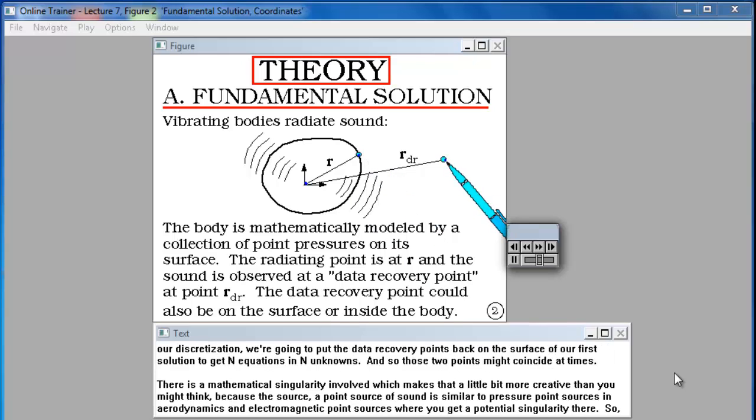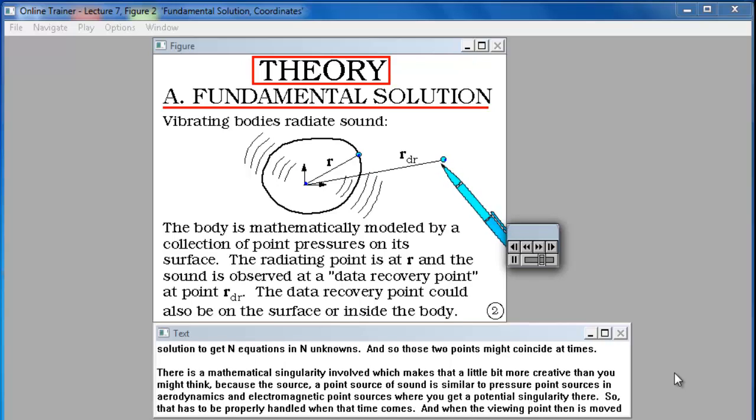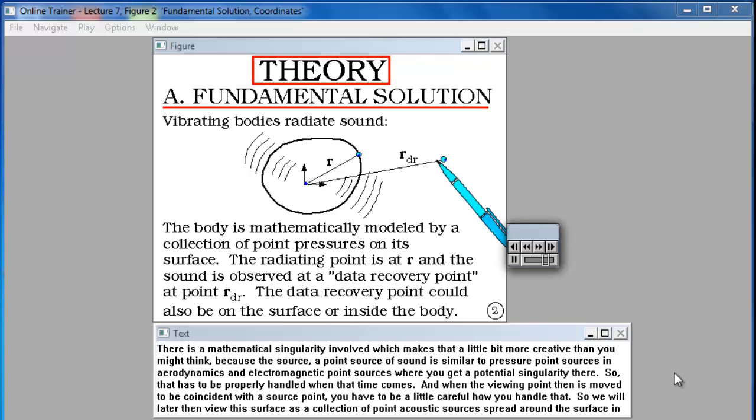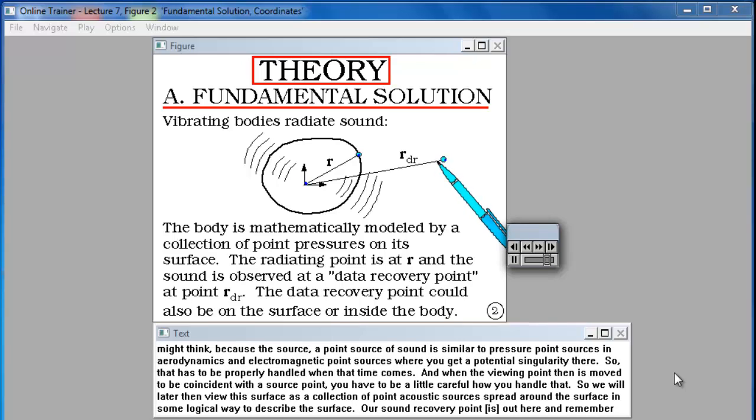There is a mathematical singularity involved, which makes that a little bit more creative than you might think, because the source, a point source of sound, is similar to pressure point sources in aerodynamics and electromagnetic point sources, where you get a potential singularity there. So that has to be properly handled when that time comes. And when the viewing point then is moved to be coincident with a source point, you have to be a little careful how you handle that.